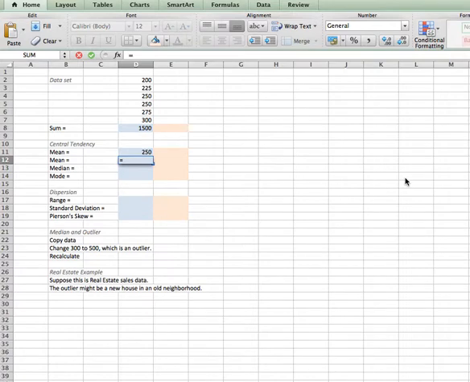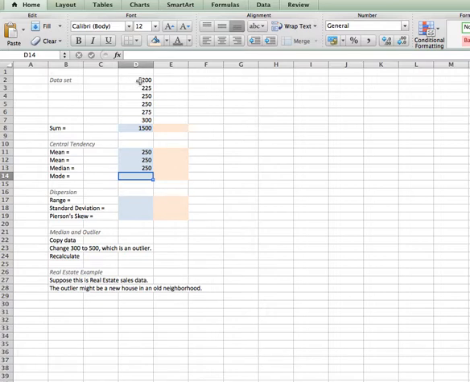Next, let's use Excel's function, which is called average. And that also gives us 250. Next, let's use Excel's function to calculate the median. And that gives us 250. We would expect that.